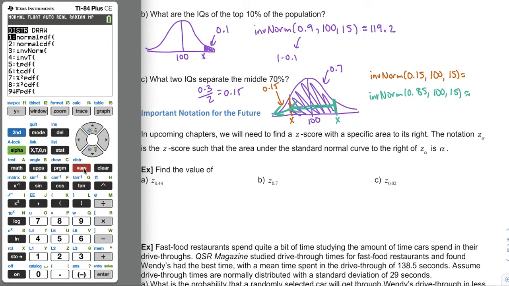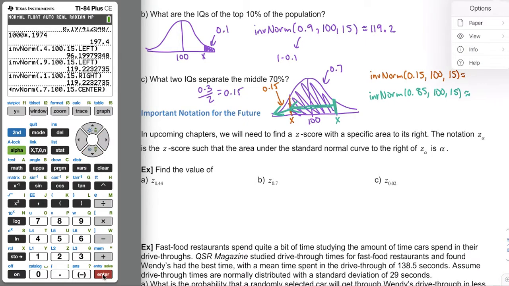Second, vars, do inverse normal. So you might have to do them both separately depending on which calculator you have. Let's try, for those of you that have this version, what the area to the center looks like. And otherwise, you might have to do it a different way, just depending on what you're working with. It should give us 2 values, and it does.